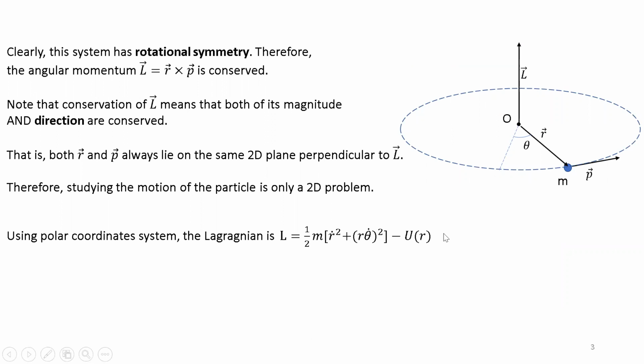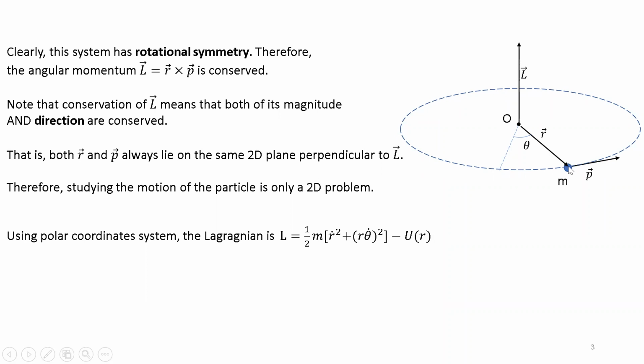Just now I talked about rotation, symmetry, and angular momentum. This example is exactly an important example that has the rotational symmetry. In this picture, I'm making it look like the particle is moving along a circle, but as we will see later, it does not necessarily be the case.